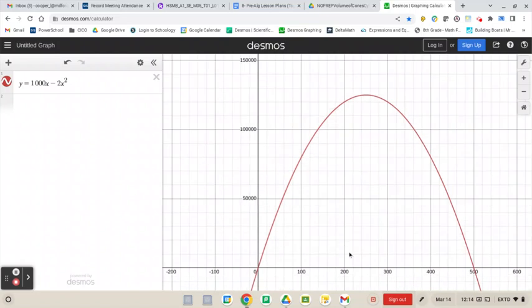There it is. Oh, it's big. It's like the arch.